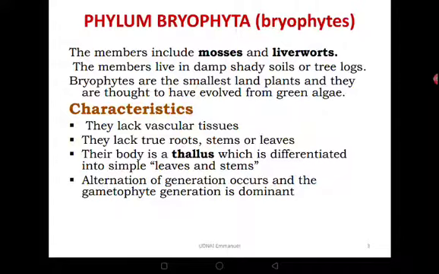You'll easily find some green things there growing, and those ones most probably might be the mosses or the liverworts. They are the smallest land plants. So what you see there are very many small plants, the mosses, and they form the whole forest there. But before we have a look at them, let's see their characteristics.